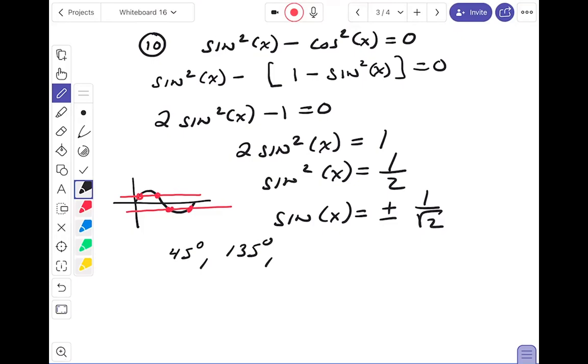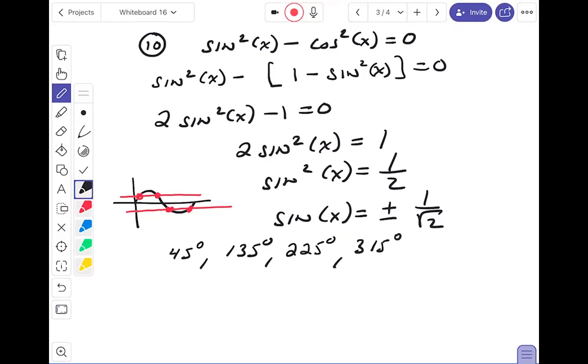What's the next one going to be? Well, it's between 180 and 270. So if you're at 180, you move forward 45 degrees, that would be 225 degrees. What's the next one going to be? If you look at it, it's 360 back away 45, which would be 315 degrees, right?